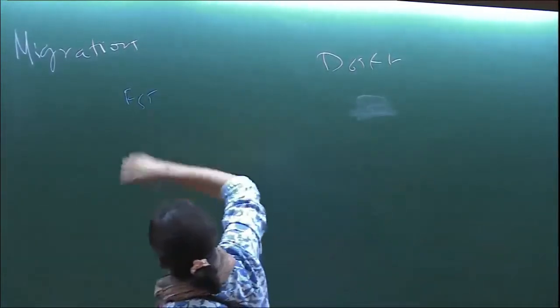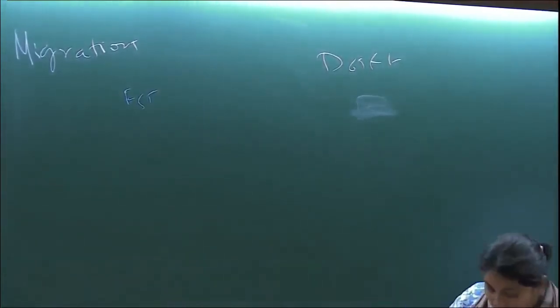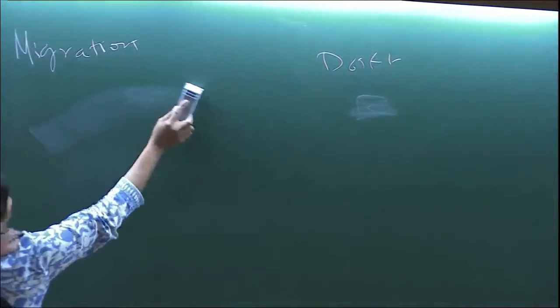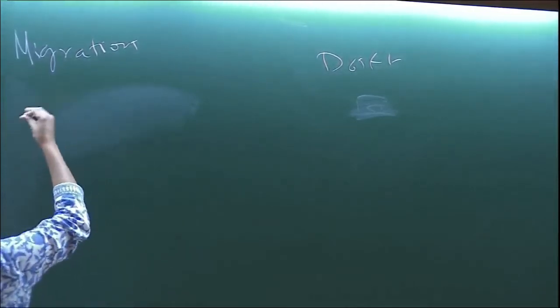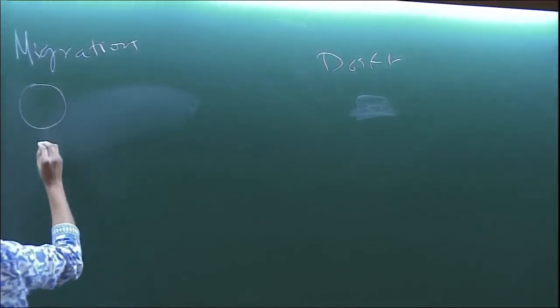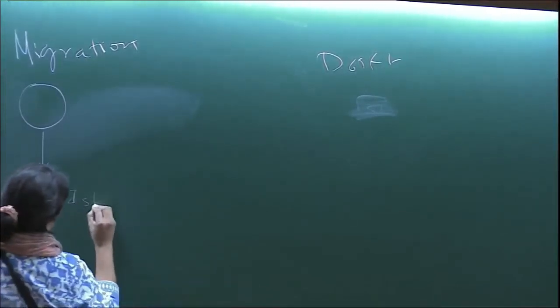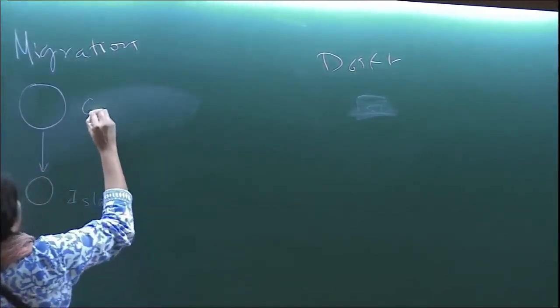Basically migration can be looked at theoretically, which is basically if you have, say, an island, and there's a continent.